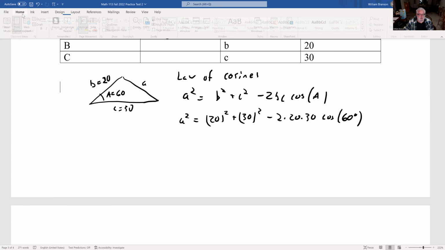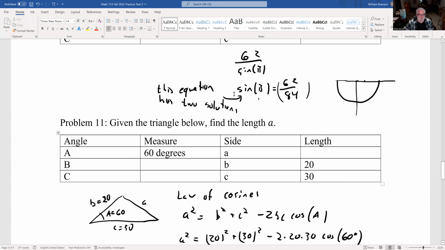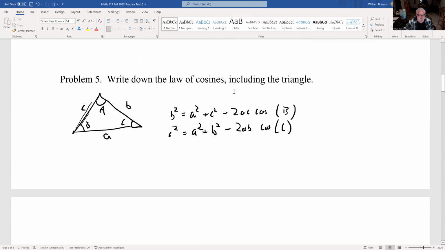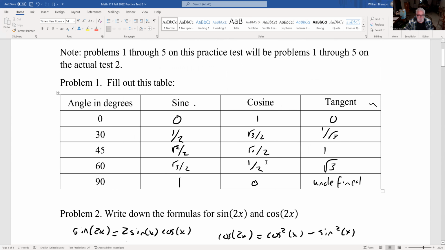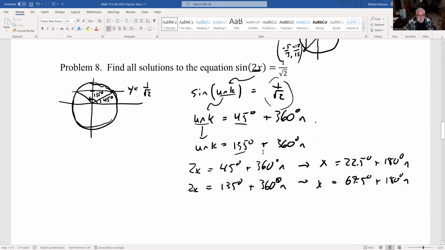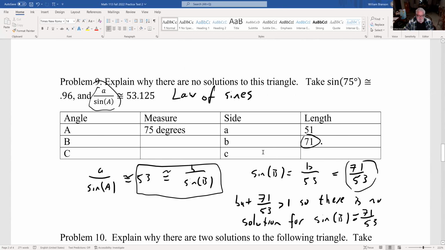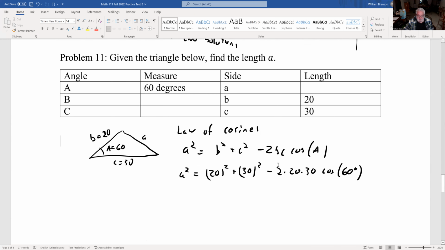If you want to go there, then I want to scroll up. Cosine of 60 degrees is way up here in this table. Cosine of 60 degrees is 1/2. Where are we? We're way down here.